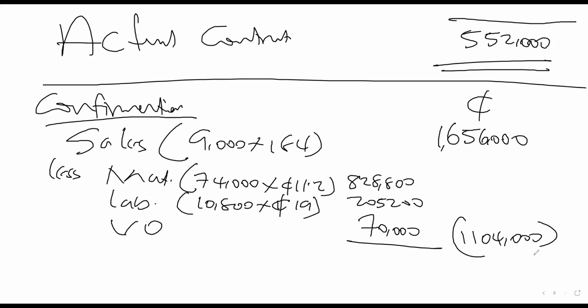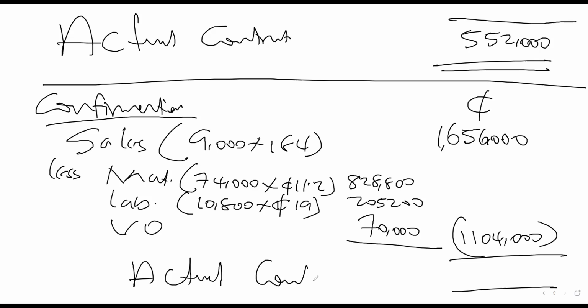It's subtracted from the sales. What's the contribution? The actual contribution is 552,000. If you do it on a balance sheet, you'll be able to reconcile it. It should be the same as this.